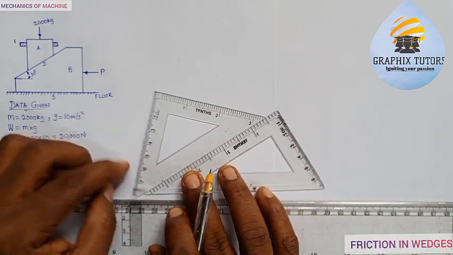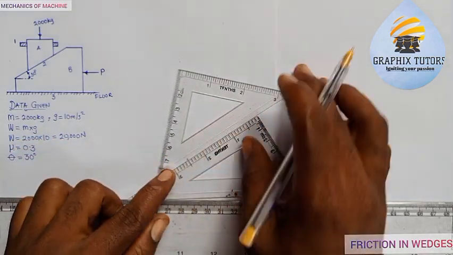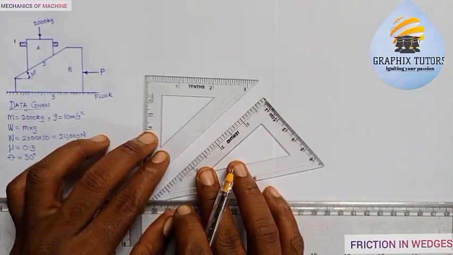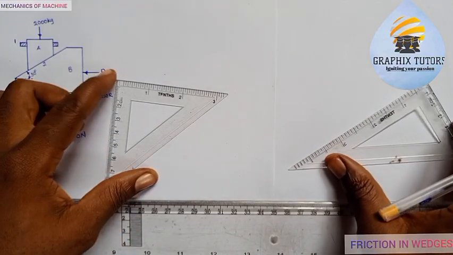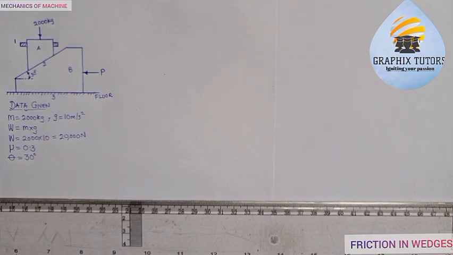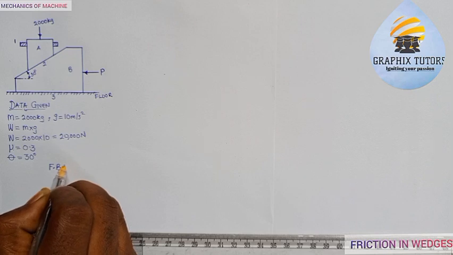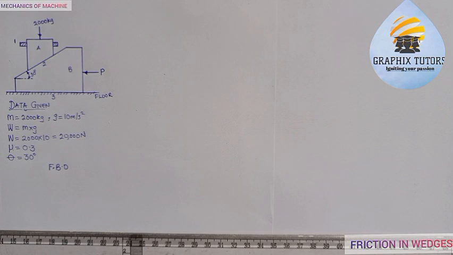That is the aim, to move this upward. So what I'll do is separate both of them. This is my wedge A, my wedge B, and I want to split them into 2 to see what we are going to be having. So when I do that, this is what we are going to have here. The FBD, the free body diagram. This is what we are going to be having.